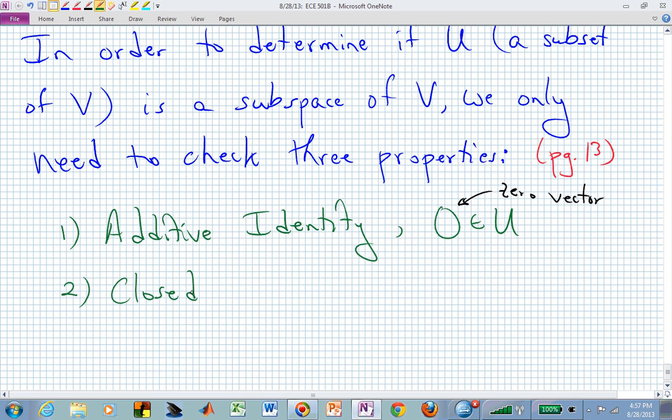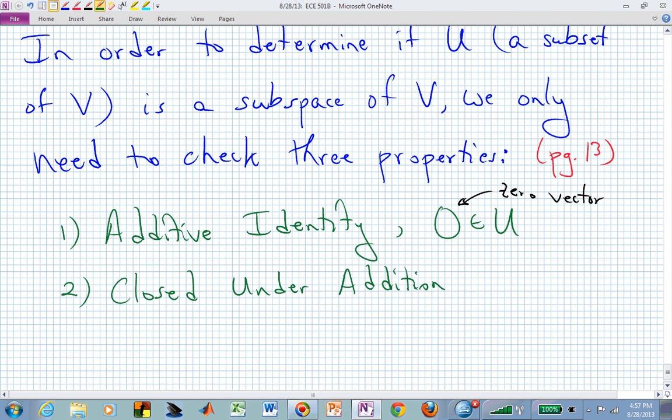U also needs to be closed under addition. So we can just pull two vectors out of U, and if their sum falls outside of U, then we've invalidated this as a subspace.